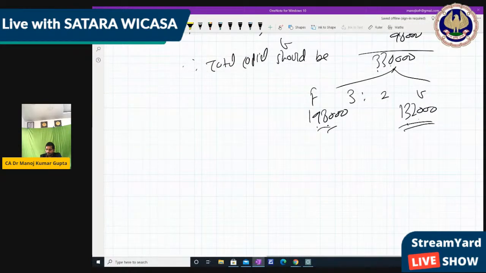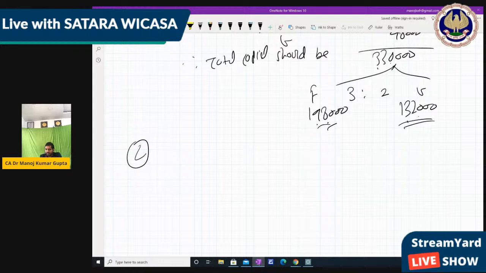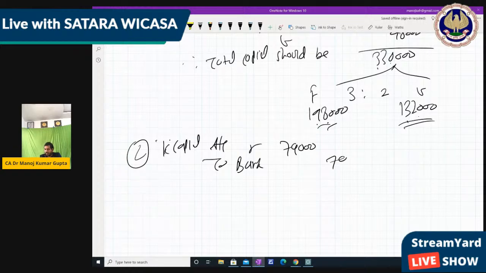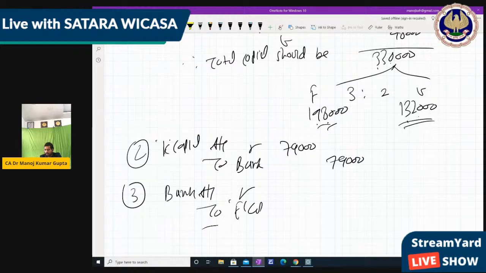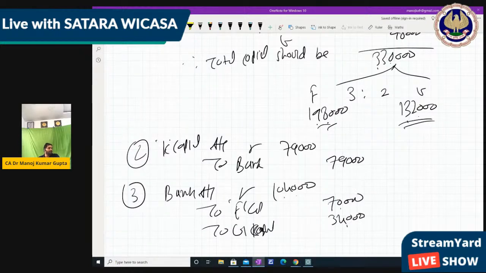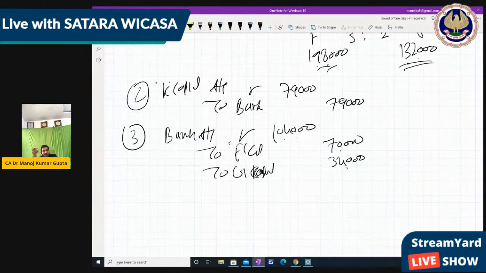And for cash we pass the entry, that is K capital account debit to bank, 79,000 he gets from the firm, and at the last bank account debit to F capital and G capital, 1,04,000, out of that 70,000 brought by F and 34,000 by G. Right? So this is the overall entry for cash.